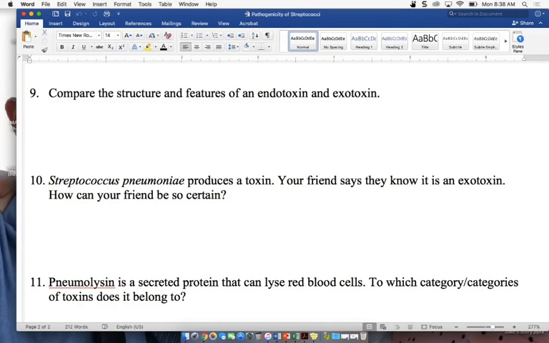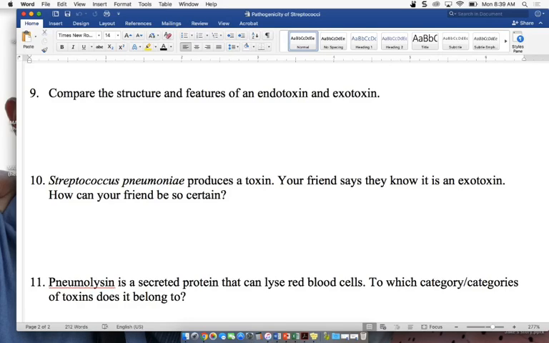So if your friend knows that an exotoxin is produced in Strep pneumoniae, how do you know that your friend is correct? What are the characteristics of Strep pneumoniae? That's a gram-positive organism, yeah. Okay.